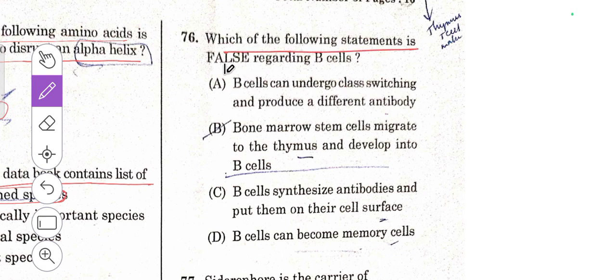Which of the following statements is false regarding B cells? B cells can undergo class switching and produce different antibodies. So it's true. Bone marrow stem cells migrate to the thymus and develop into B cells. No.